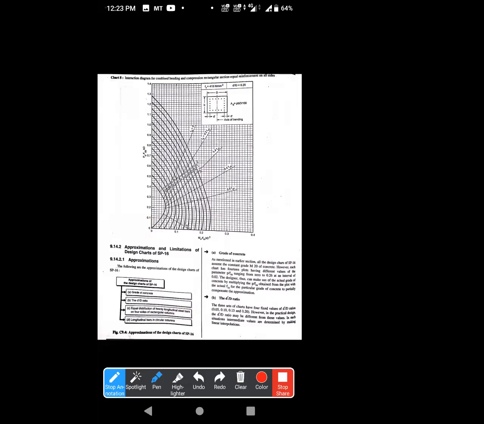The designer thus can make use of the actual grade of concrete by multiplying the p upon fck obtained from the plot with the actual fck for the particular grade of concrete to partially compensate the approximation.